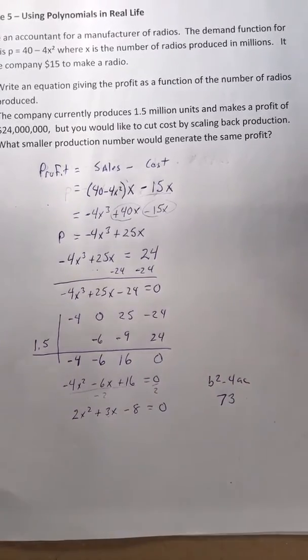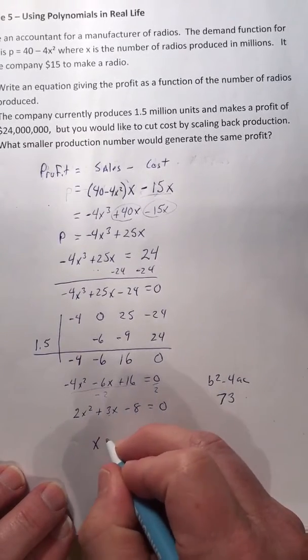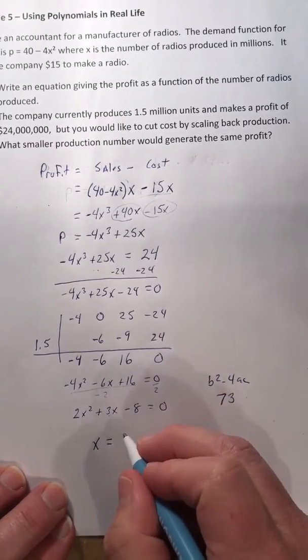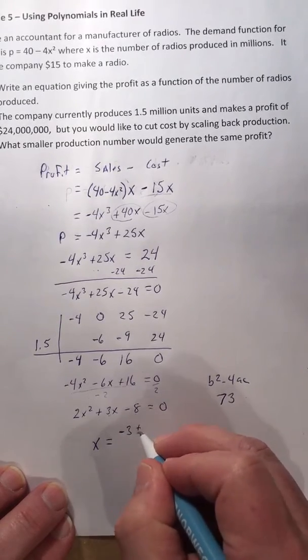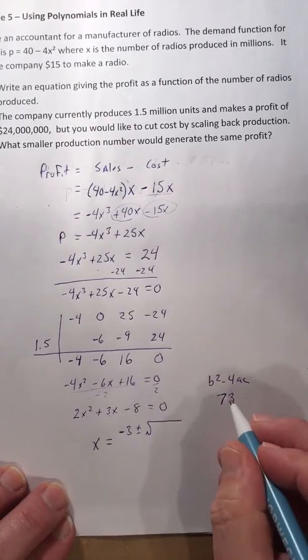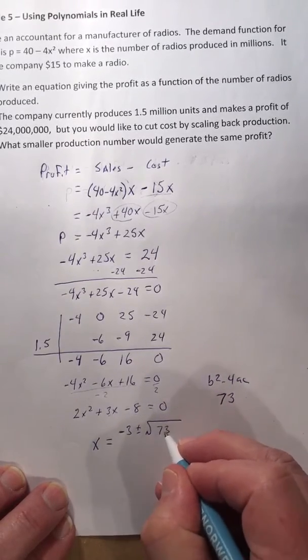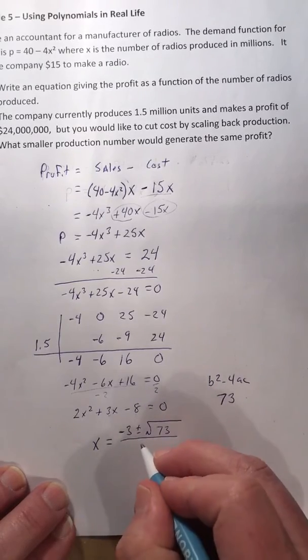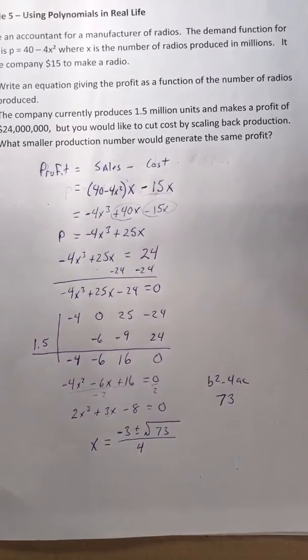So now I know that the discriminant is 73, so I know I have two real solutions. So I would do x equals negative 3 plus or minus the square root of b squared minus 4ac, which we already said is 73, all over 2 times a, so 2 times 2, which gives me 4, and that would give me some solutions.